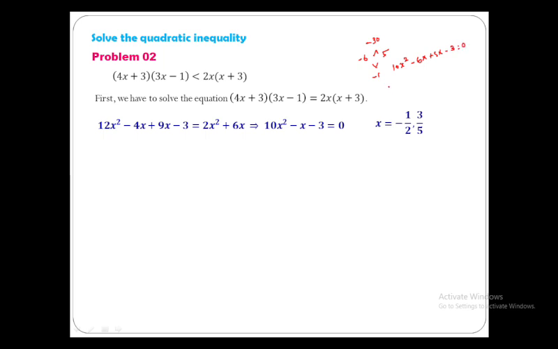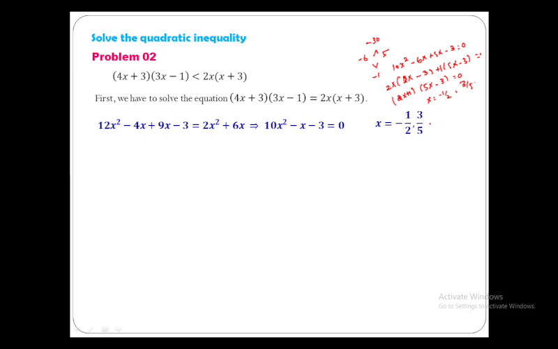From the first two terms we can take 2x as common, so 2x times (5x minus 3) and 5x minus 3, here is plus 1 equal to 0, then 2x plus 1 and 5x minus 3 equal to 0, x is equal to minus 1 by 2 and 3 by 5 is the solution.